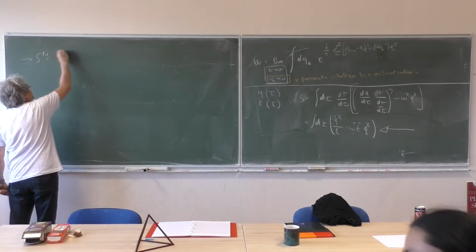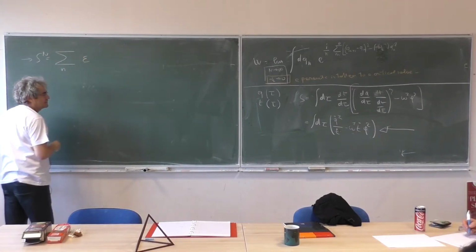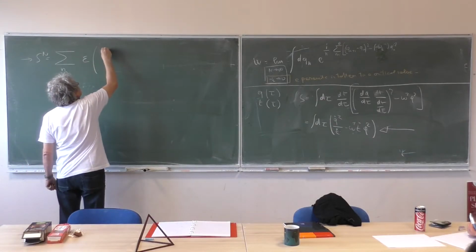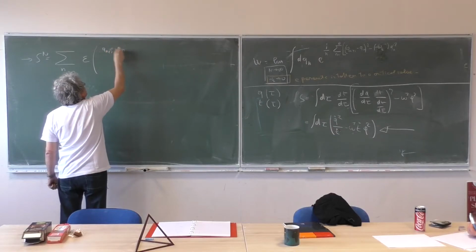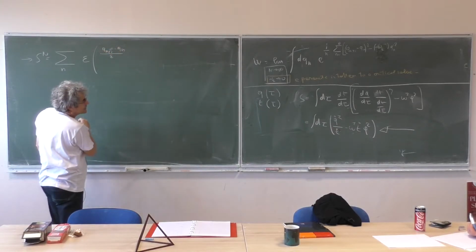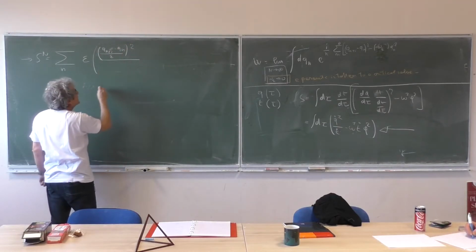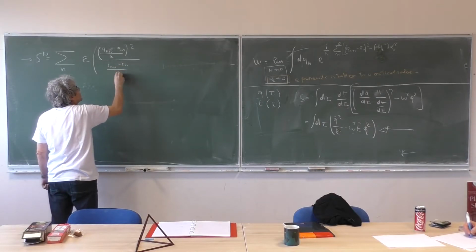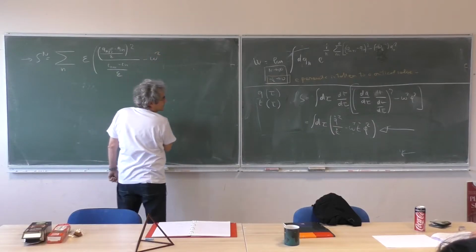This is going to be a sum over n. d tau becomes epsilon. q dot squared becomes q n plus 1 minus q n over epsilon, all of this squared, divided by t dot, so t n plus 1 minus t n over epsilon, minus omega squared.